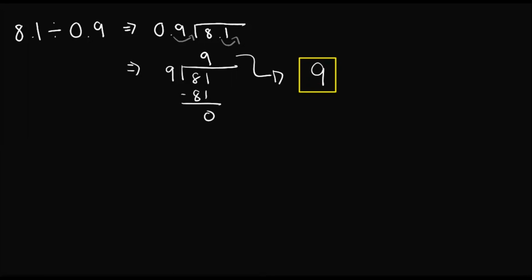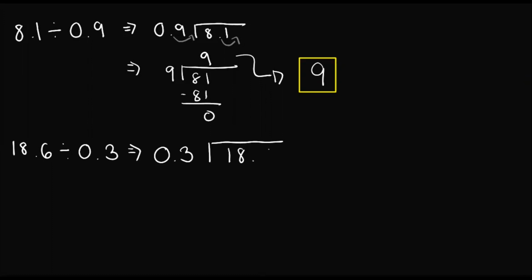Let's try this one. If we have 18.6 divided by 0.3, so we can write this one as 0.3 divided by 18.6.